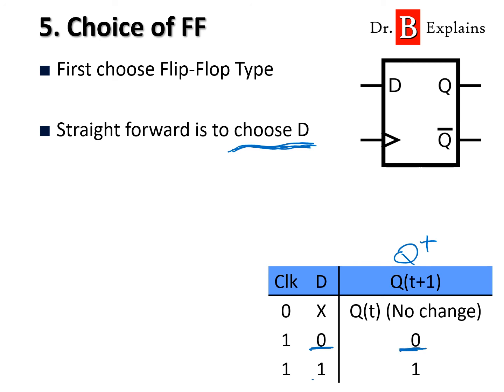If I have D equal to 1 at the input of the D flip-flop, my Q is equal to 1.